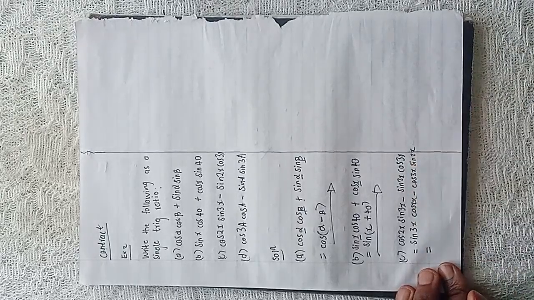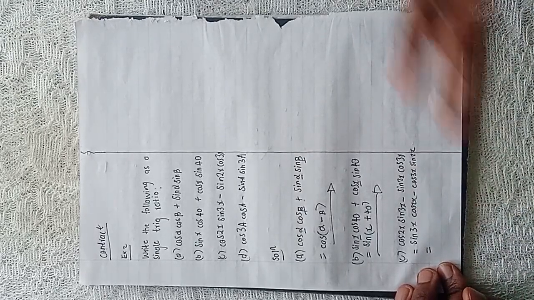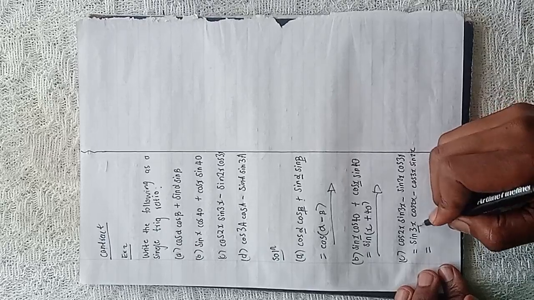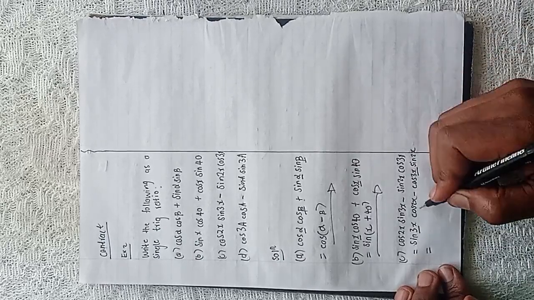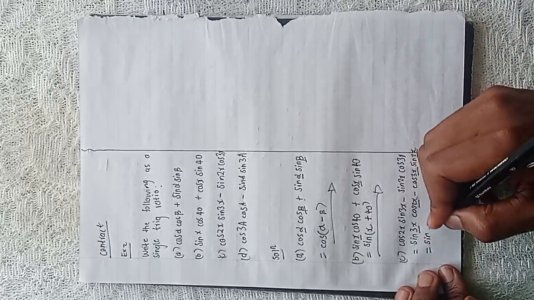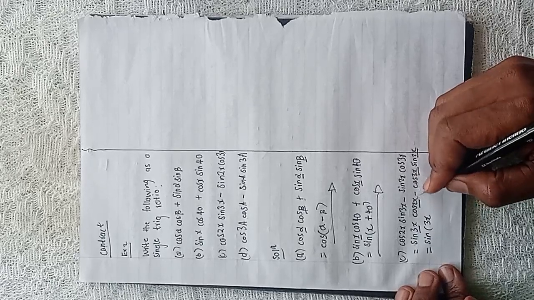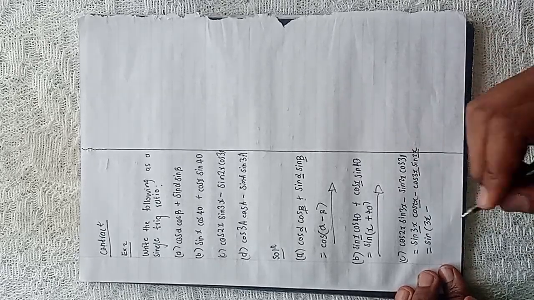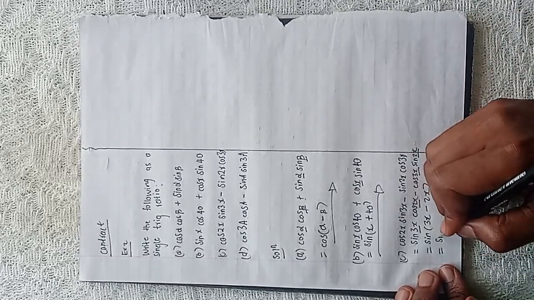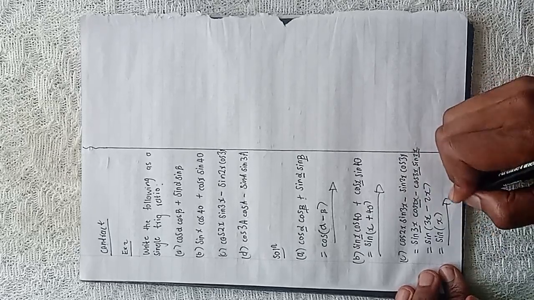From here I can clearly see it's sine cos, cos sine, which means it's similar to the sine formula. I can also see that this angle is the same as this angle, which means I can say sine 3x, here it's negative because it's minus sine 2x, and when I simplify this I can say sine, and here it will be x. So this is my answer.